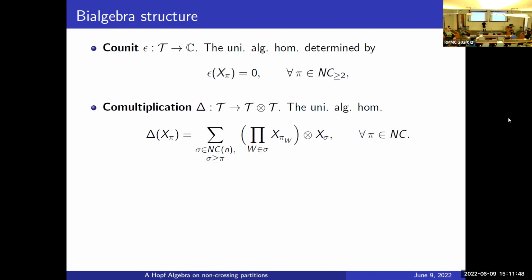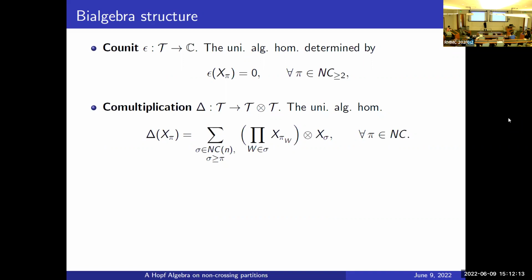And then the important thing, the combinatorial structure, is summarized in the co-multiplication or coproduct. This is a map from T to T tensor T, and again it's a unital algebra homomorphism. Since it's an algebra homomorphism, I just need to tell you the values on the generators x pi.